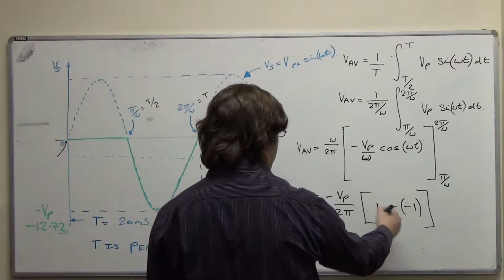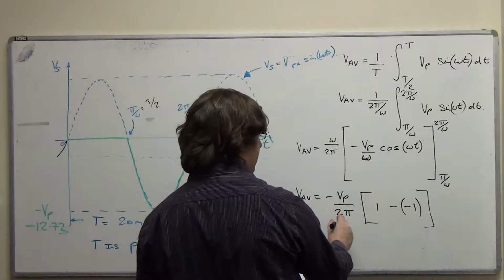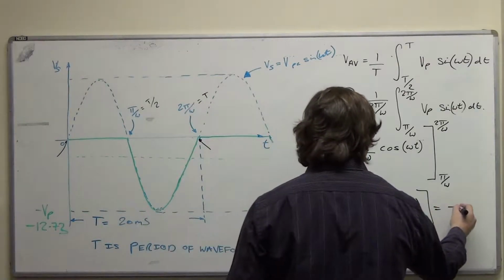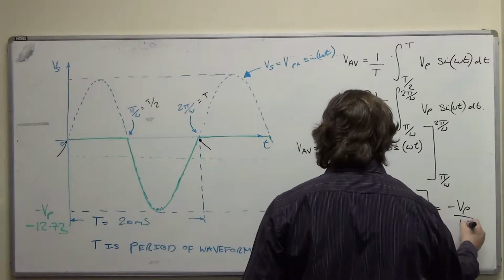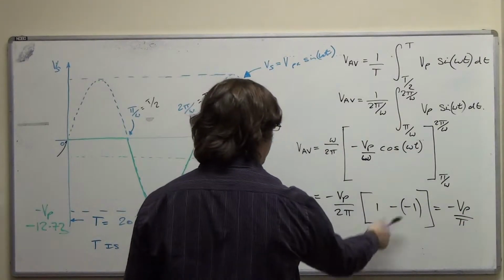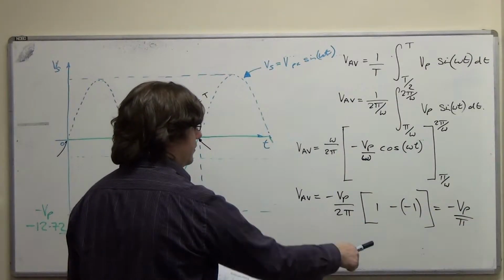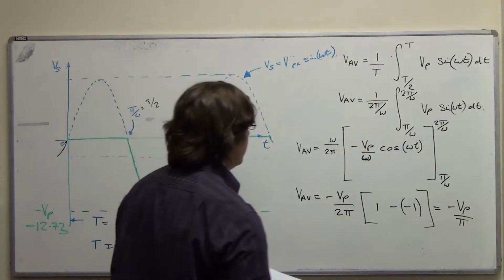So the 2 here and this 2 here cancel to leave you with minus Vp upon pi. Now, to get from this bit to this bit, it's just your regular integration.